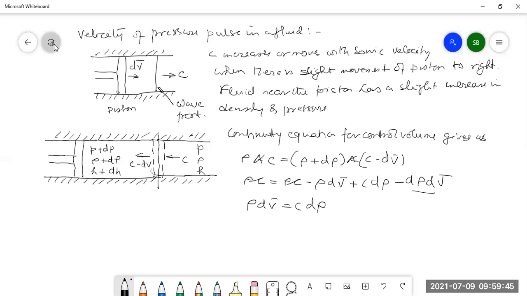And the momentum equation for the control volume will give us, this is the continuity equation, now the momentum equation.